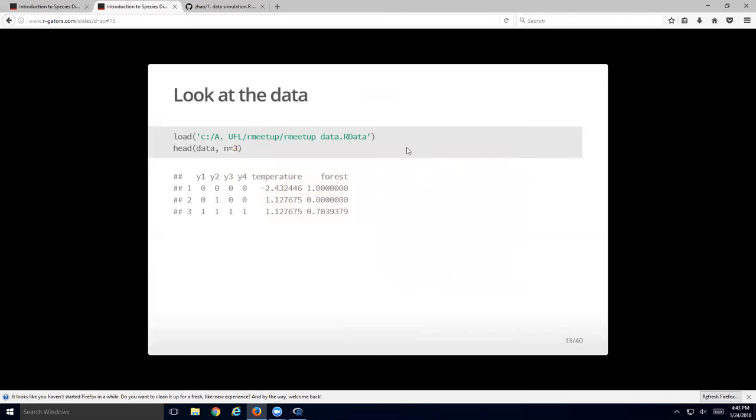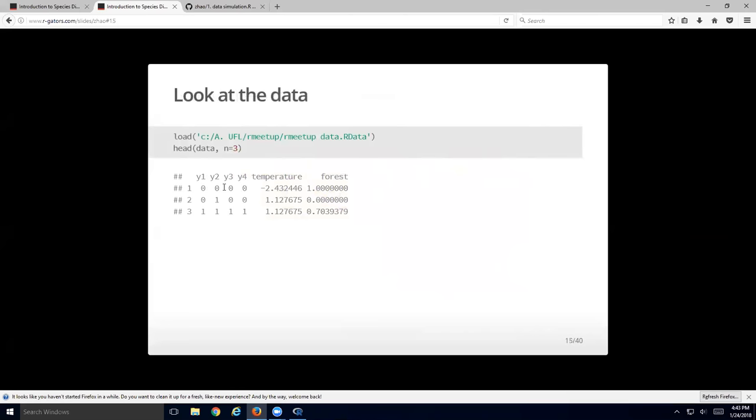Here we'll have some R code. I load that data. Then I use the head function to look at the first 3 rows. You can see that during this short period of time, not me, but the observer went there and made 4 observations.